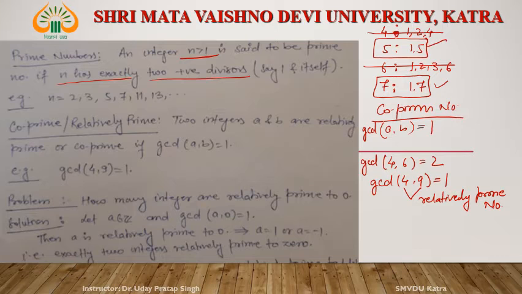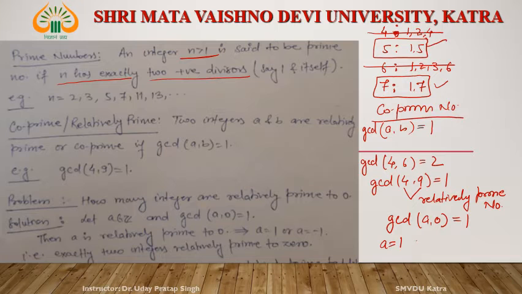Now, one thing to note is that GCD of two numbers is always a positive number, right? Then what is the relatively prime number to 0? Suppose GCD of A and 0 is 1. If GCD of A and 0 is 1, then what is A?